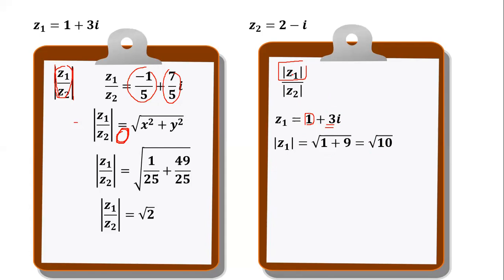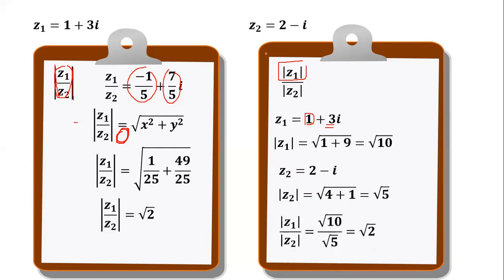After calculating the modulus of z1, we need to calculate the modulus of z2, again by the same formula, radical x squared plus y squared. And now divide the answers by each other. Divide radical 10 by radical 5, you will get radical 2.